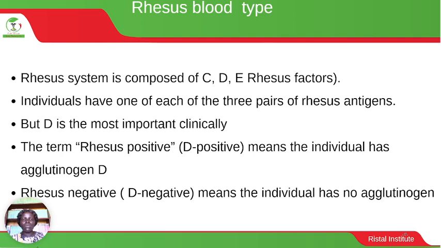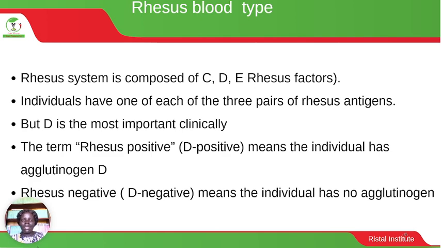Individuals have one of each of the three types of the rhesus antigens, but the one that is of the most clinical importance is the rhesus D. The term rhesus positive means that the person has rhesus D, and the one that does not have rhesus D is termed rhesus negative.